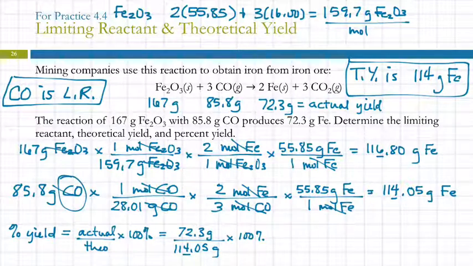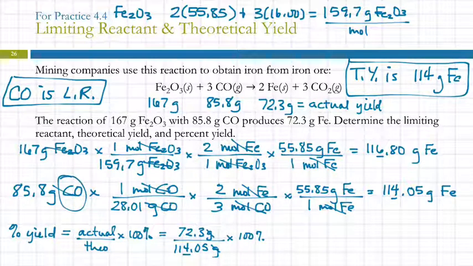What happens to the units, gram? They cancel out. So when you're calculating a percentage, the unit always ends up being percent. It's not grams percent or grams or anything like it. It's just percent. So 72.3 divided by 114.05 times 100 equals.